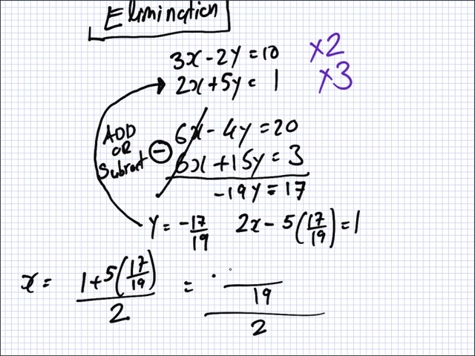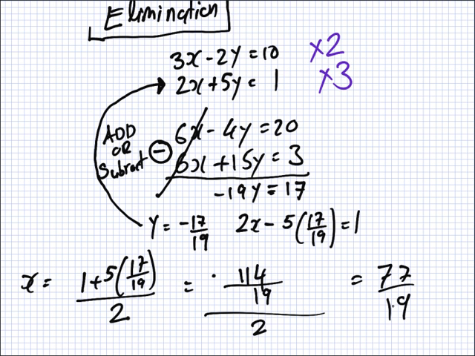95 and 19, isn't it? 95, 105, 100. Is it 114? Help a teacher out here. What's 1 plus 5 times that? You can just move over 19 when you make the x subject.